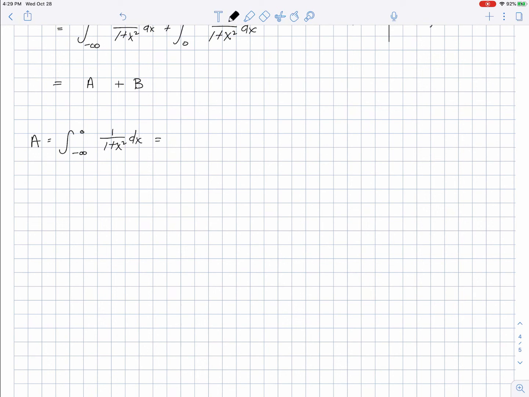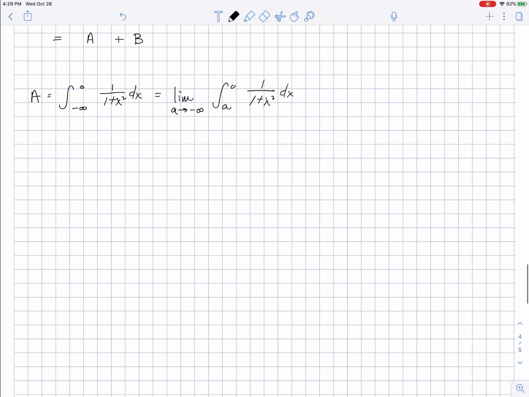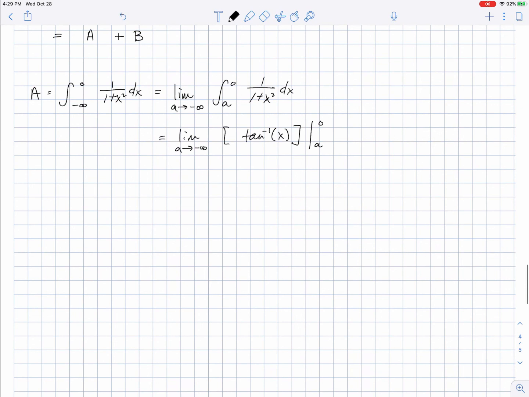To deal with this formally, we have to introduce a limit. So we're going to do the limit as a approaches negative infinity of the integral from a to 0 of 1 over 1 plus x squared dx. There are a lot of different ways that you can integrate that, but the best way to integrate that is probably to just recognize it as being the derivative of the arctangent function. And we'll evaluate that between a and 0.